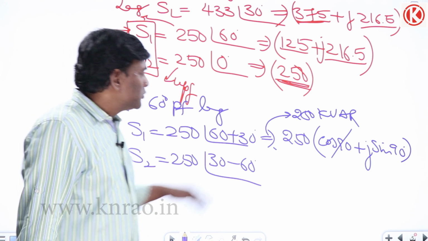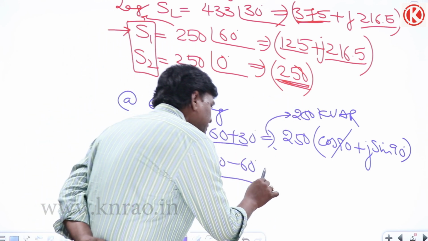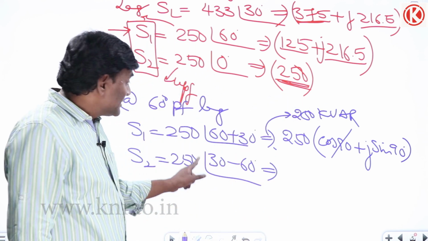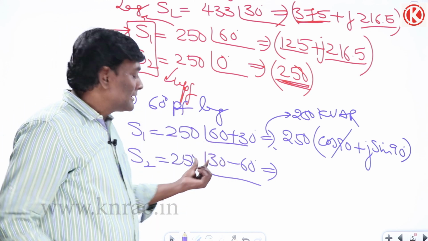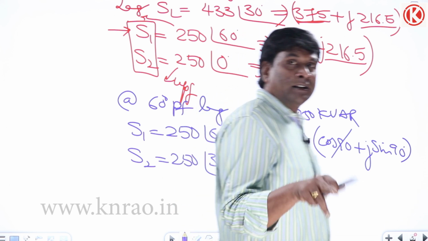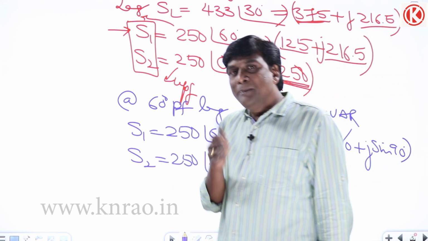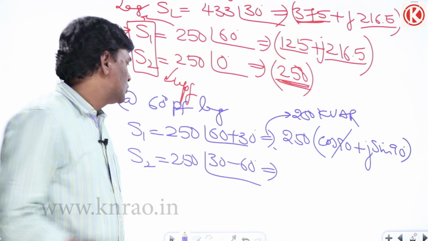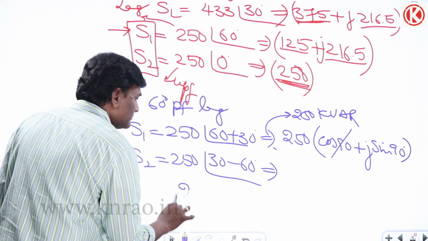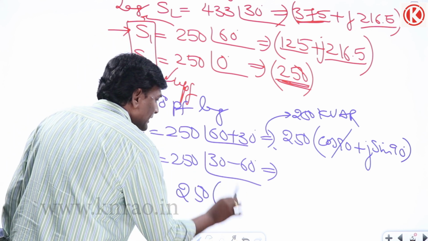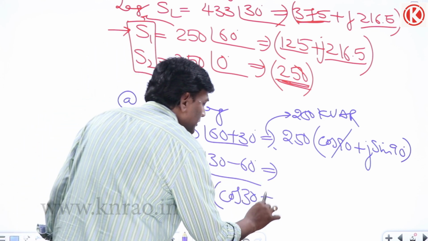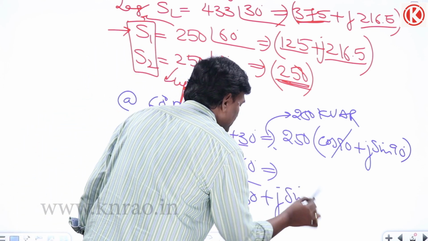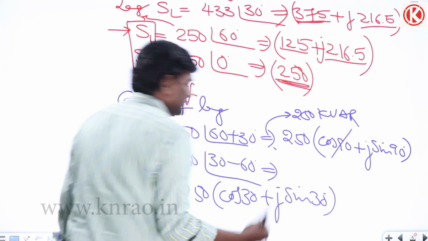Cos 90 is 0, no? So it is supplying only reactive power, 250 kVAR. Now for S2, 30 minus 60: if 30 minus the angle is positive, that transformer operates at leading; if it is negative, it operates at lagging. So this is going to be 250 at an angle: cos 30 plus j sin 30.